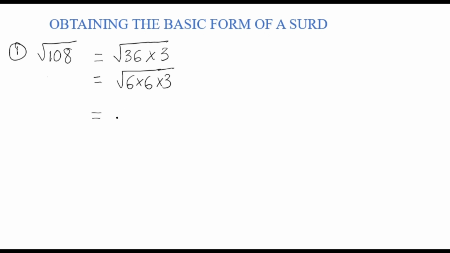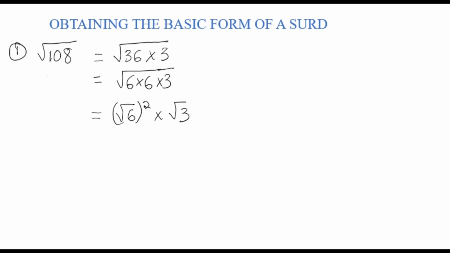Now this can also be written as square root of 6 all squared times square root of 3. This right here is an example of property 2 as we have stated in the question. This alone here features property 1.